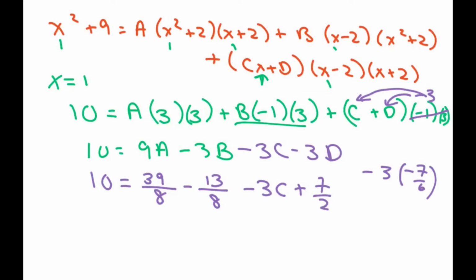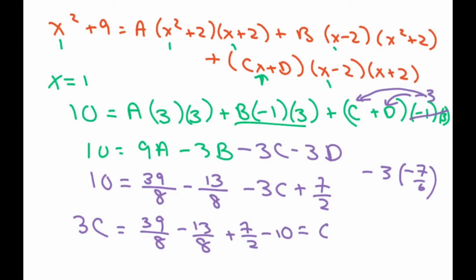So I'm going to move the 3c over here. And you get 39 over 8 minus 13 over 8 plus 7 halves minus 10, and that all equals 0. So we have 3c equals 0. Therefore, c equals 0. So we found everything.